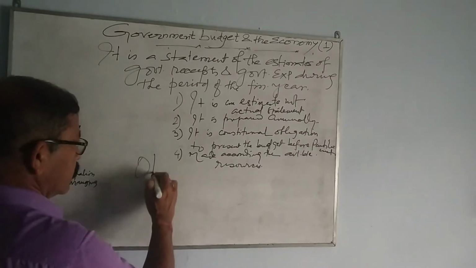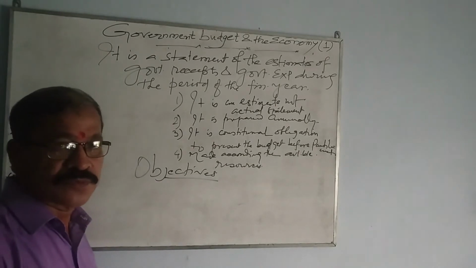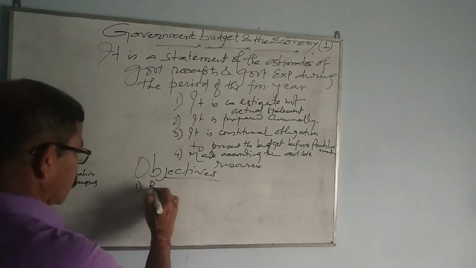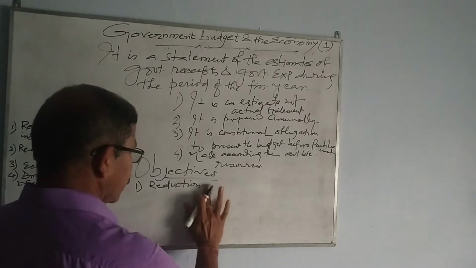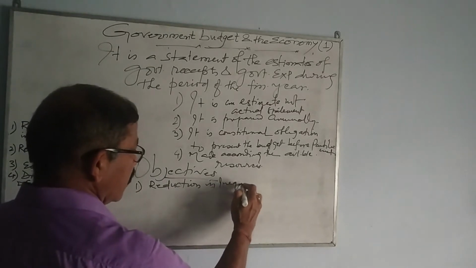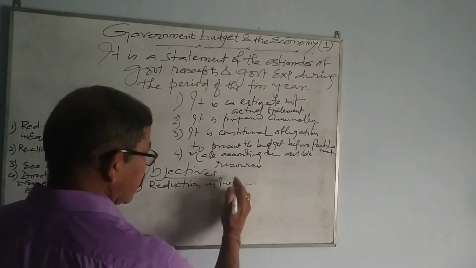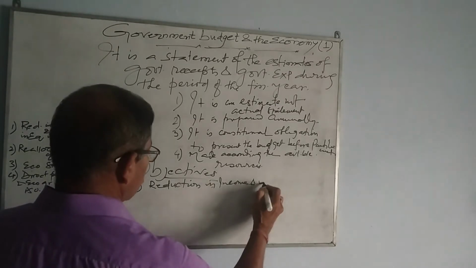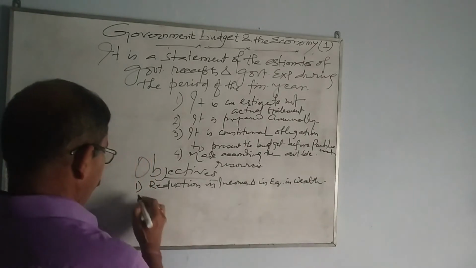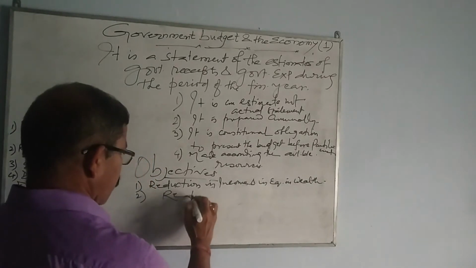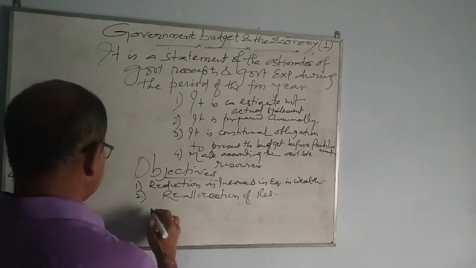Now coming to objectives. What are the objectives of budget? Number 1, reduction in income inequality and inequality in wealth. Number 2, reallocation of resources.